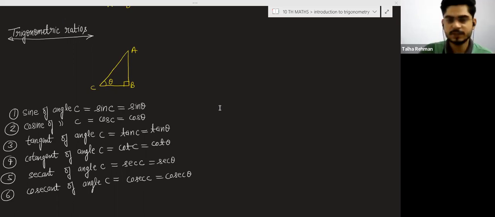And there is a relation between the sides of a triangle and the angle of a triangle, and these trigonometric ratios help us to determine the relation between the side and the angle. We will see how.